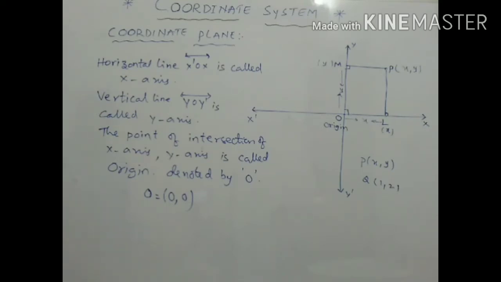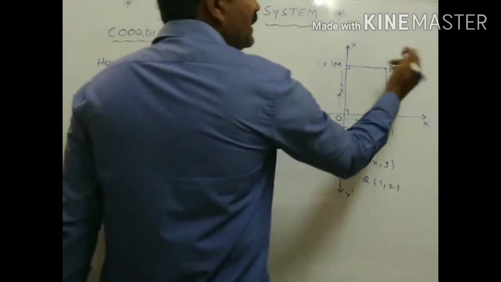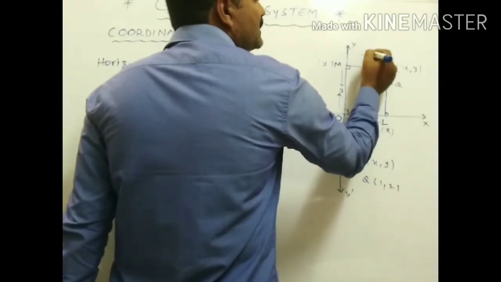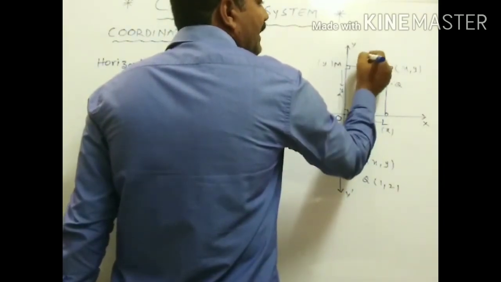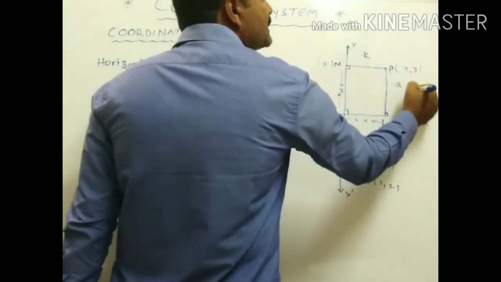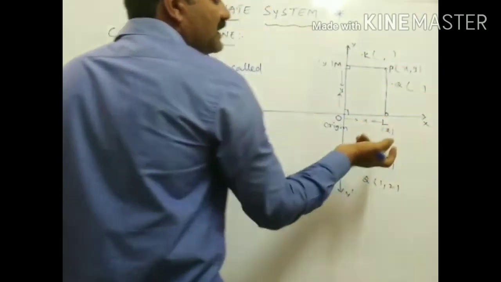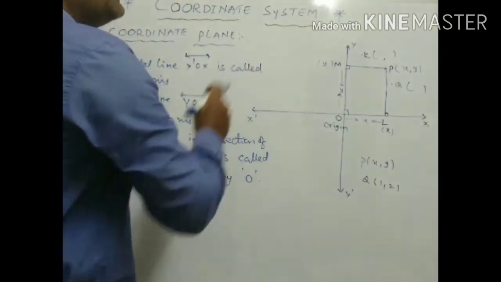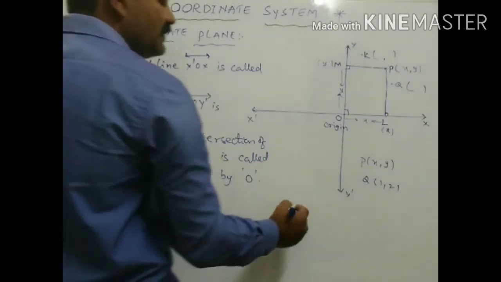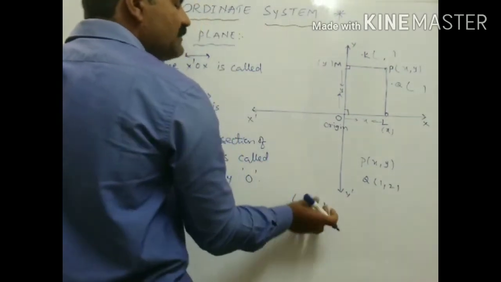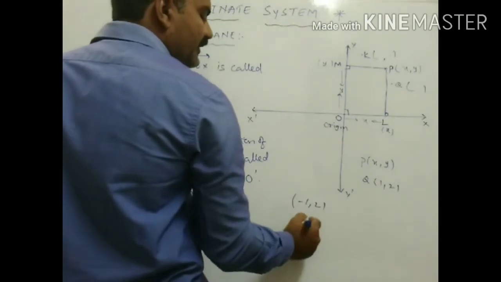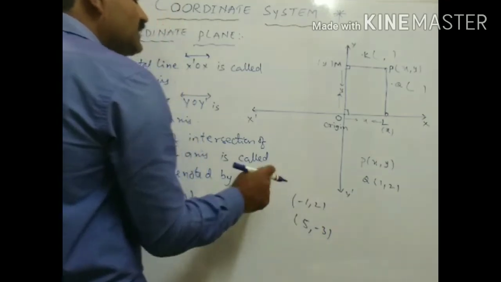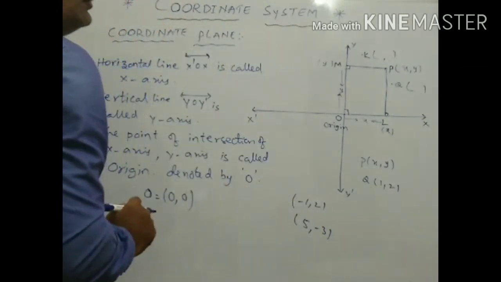Not only the point P, there may be one more point somewhere here, say Q, Z, or K. So every point can be expressed as a pair of real numbers. Similarly, vice versa, every pair of real numbers denotes a point in the plane. For example, minus 1 comma 2 is a particular point. 5 comma minus 3 is also a point. So every pair of real numbers denotes a point in the coordinate plane.